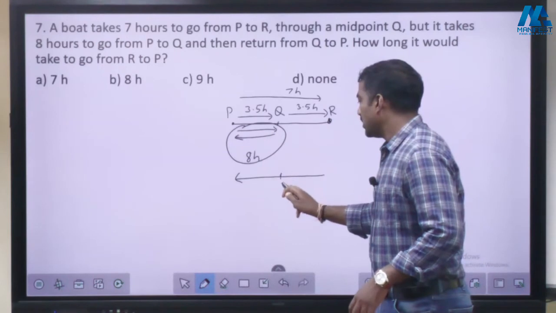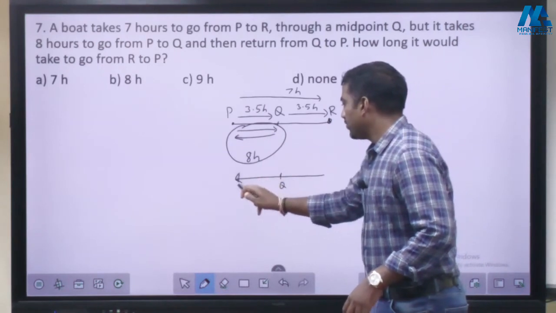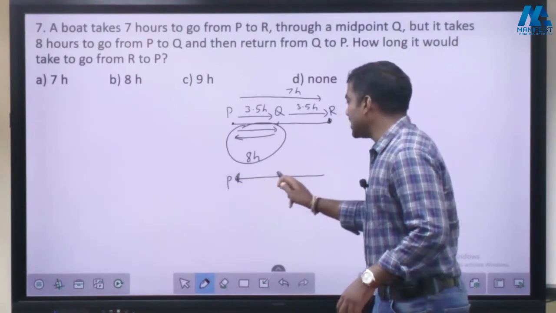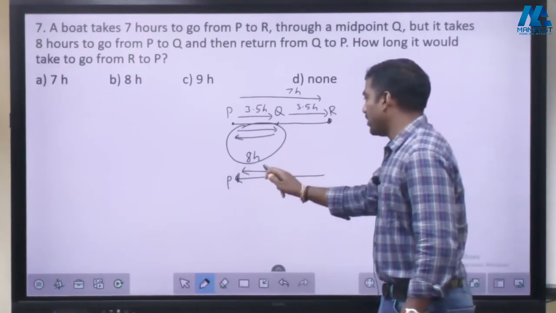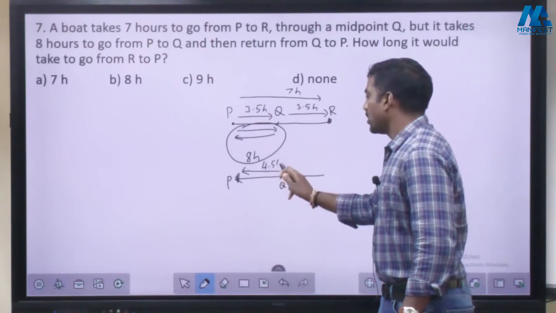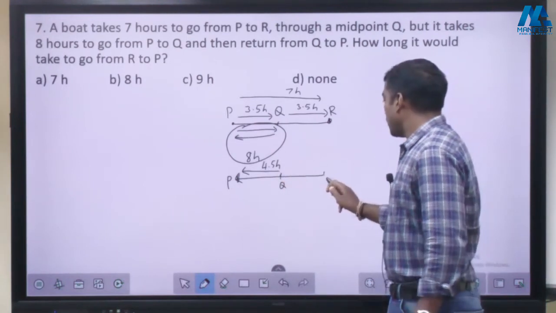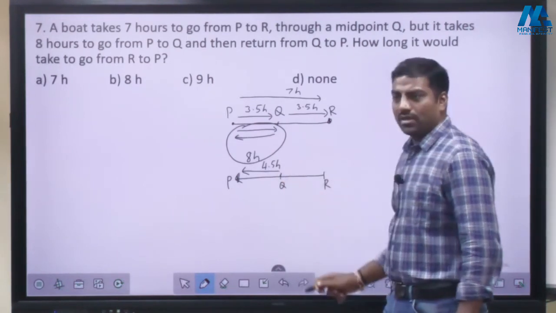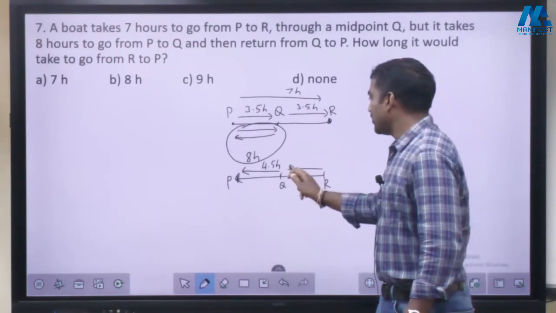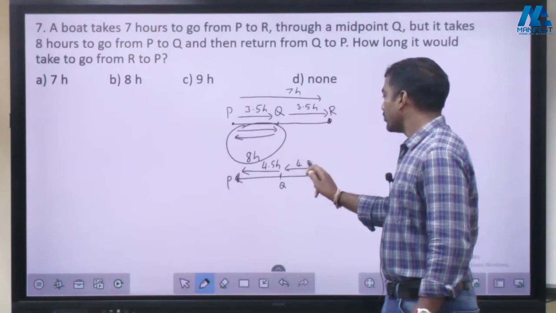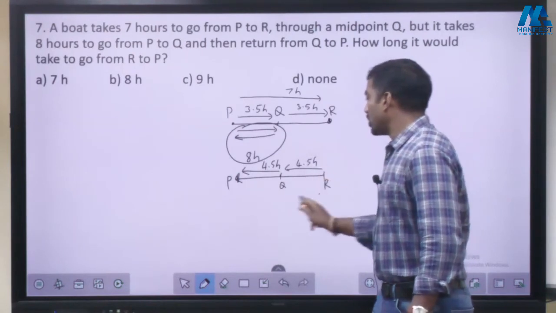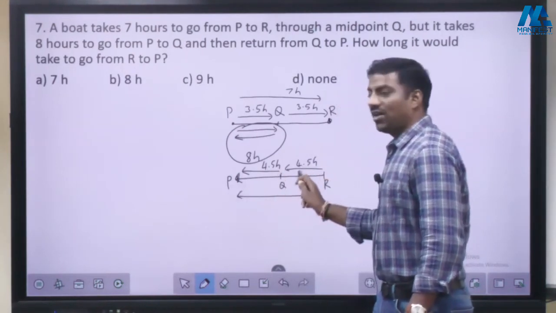That means from Q to P, if we go in this direction, how many hours will it take? 4.5. Very good. But from R to Q, half, no? Again, how many hours will it take? From here to here, same, right? So total 4.5 plus 4.5.